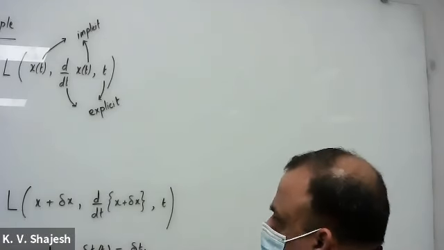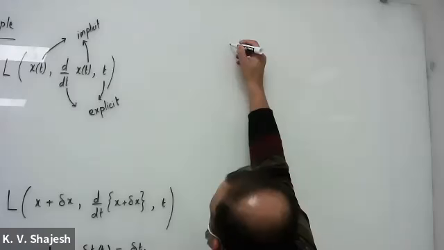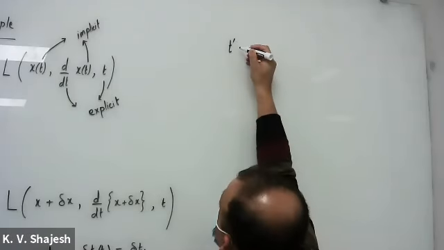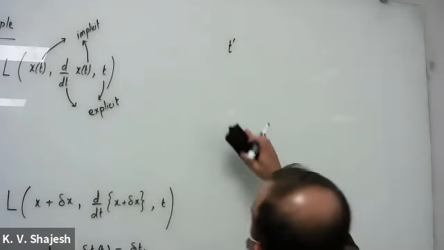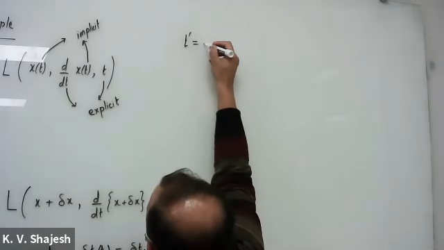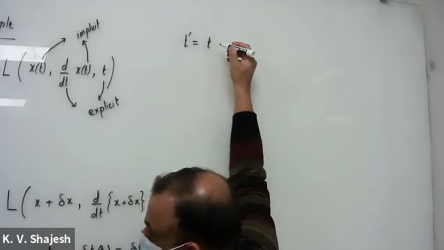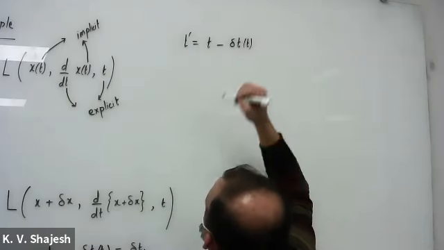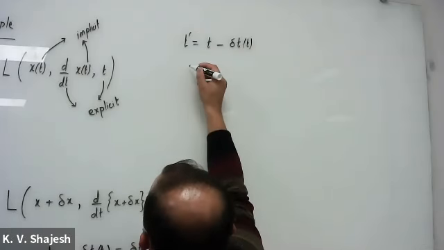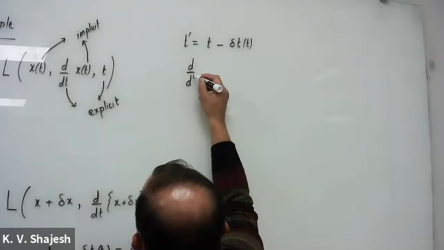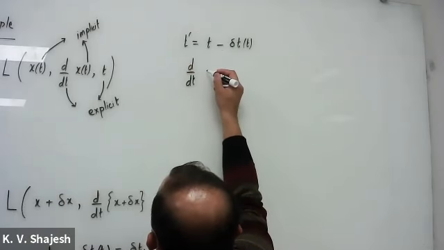So I go back to my t prime expression. So t prime is equal to t minus delta t, function of t. I'm interested in d by dt going into d by dt prime.